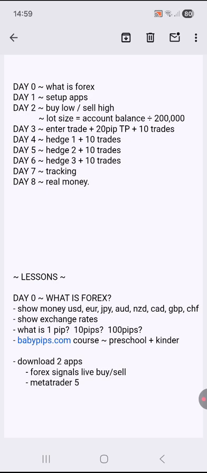That's how I make money, anywhere in the world from my phone, just using these Forex apps. Forex Signals Live, buy, sell, and the MetaTrader. We get the signal in to trade from the Forex signal professional, and we actually proceed to do the trade on MetaTrader 5, our trading platform.